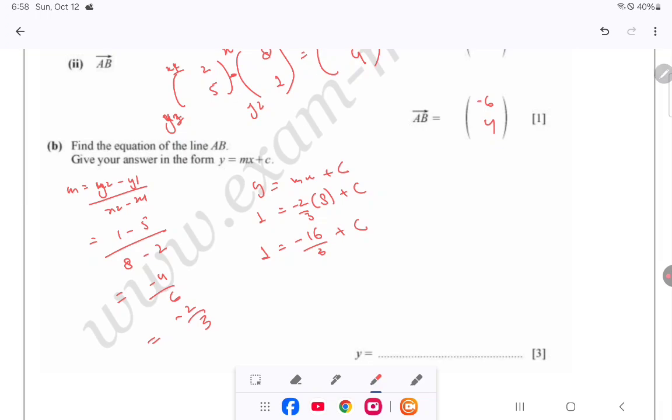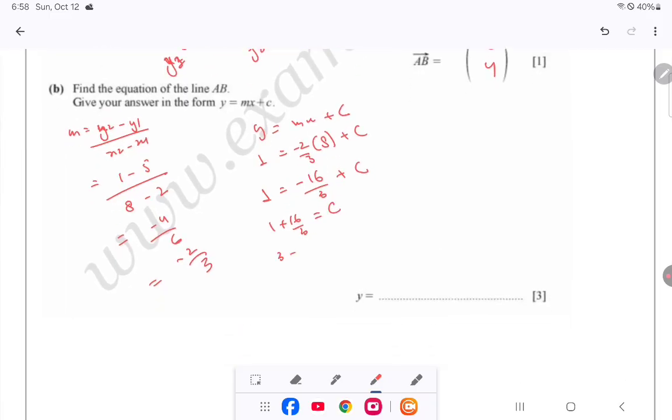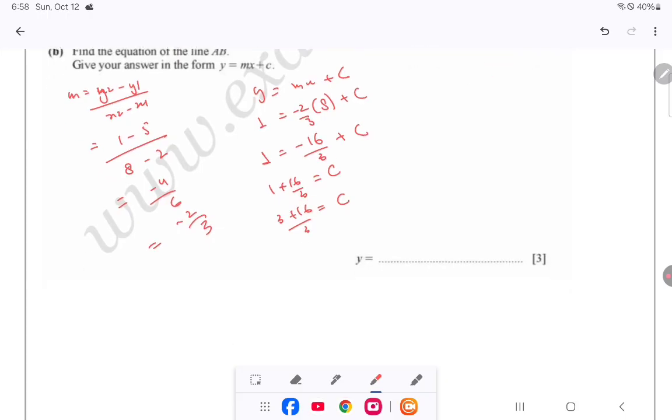Solve it further. Add 16 over 3 to both sides: 1 plus 16 over 3 is equal to c. 19 over 3 is equal to c. And now the equation is y is equal to mx plus c.